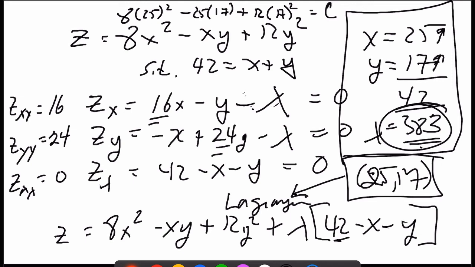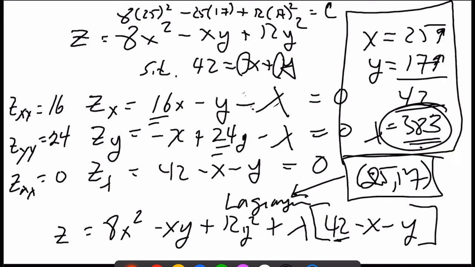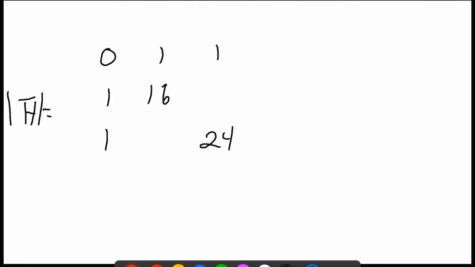And the coefficient here is 1, and the coefficient there is 1. So my bordered Hessian is going to be 0, 1, 1, 1, 1, just like before. 16, 24. But now zxy is minus 1, which means zyx equals minus 1. So they're both minus 1s. So I have a minus 1 there and a minus 1 there.